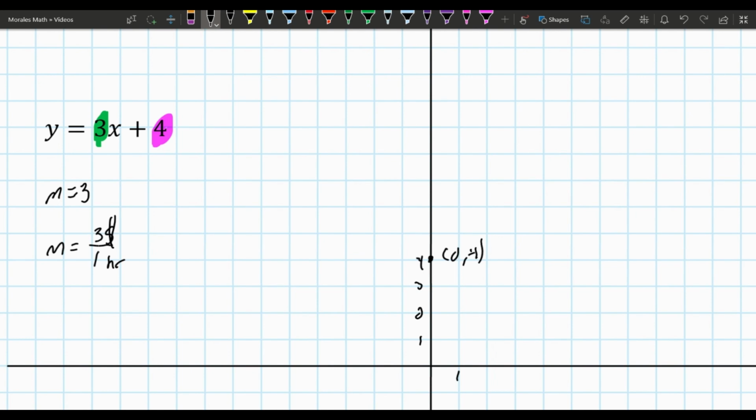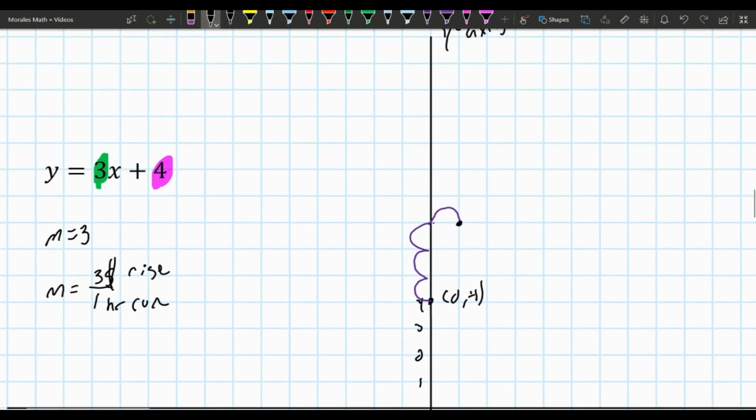So I can literally just look at my first point here, at 0 hours, I got my bonus of $4, and this is my rise over run, right? I can literally just count up 3, 1, 2, $3 for 1 hour.